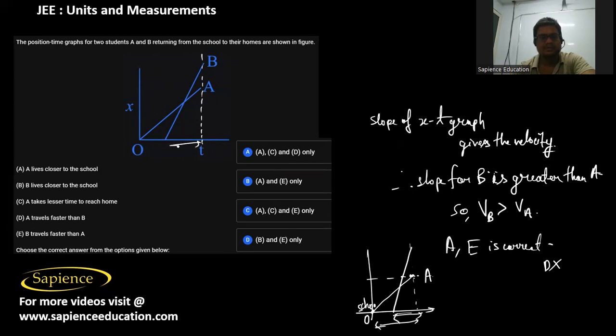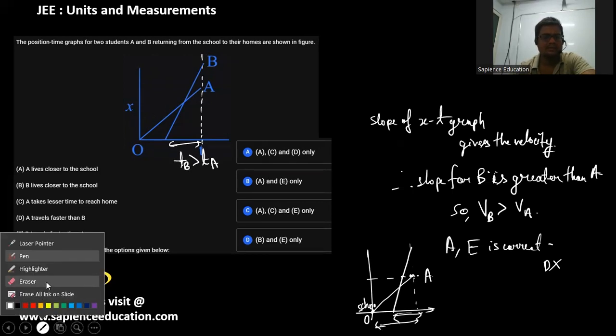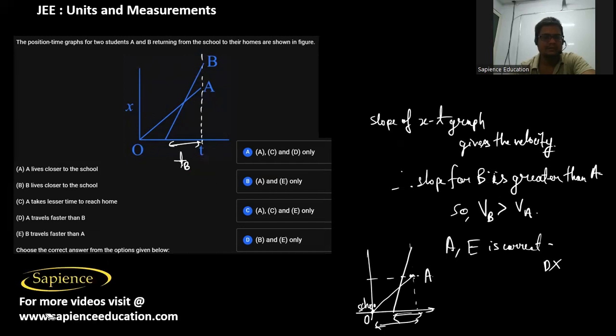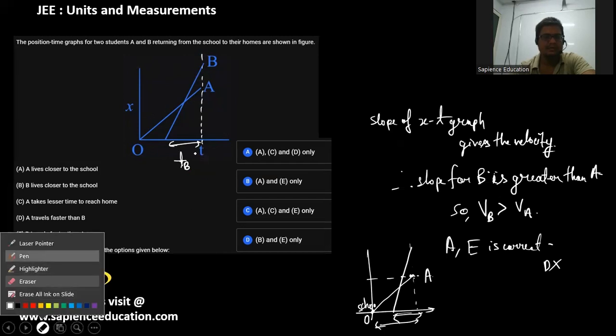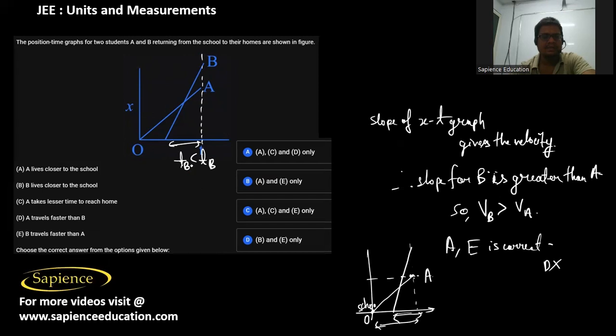So for B the time interval is higher. So TB is more than TA. So B takes no sorry, TB is lesser than TA. TB is lesser than TA. So it means that B takes lesser time to reach the home. So it means A and E only are correct statements. So option B is the correct answer.